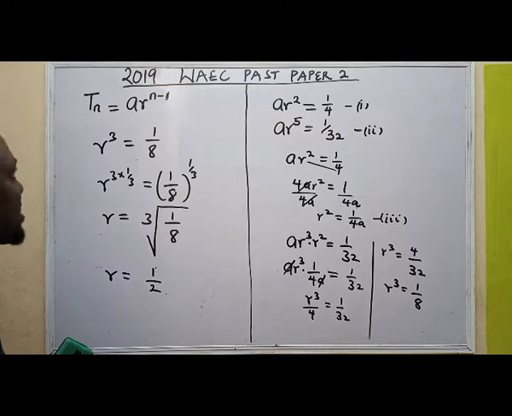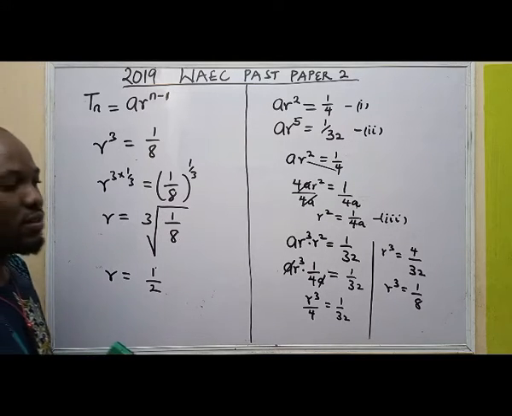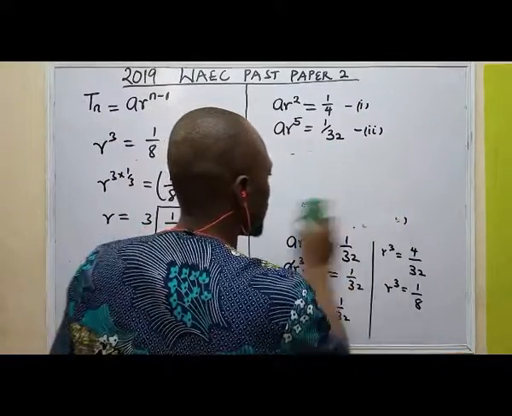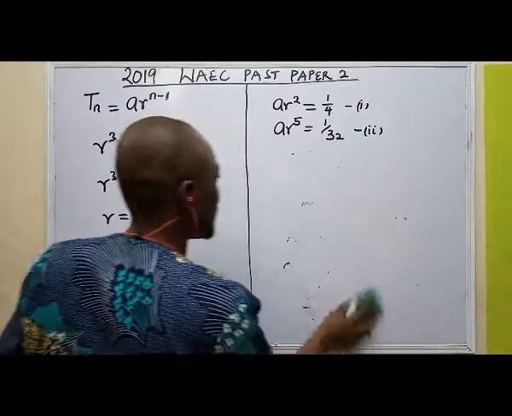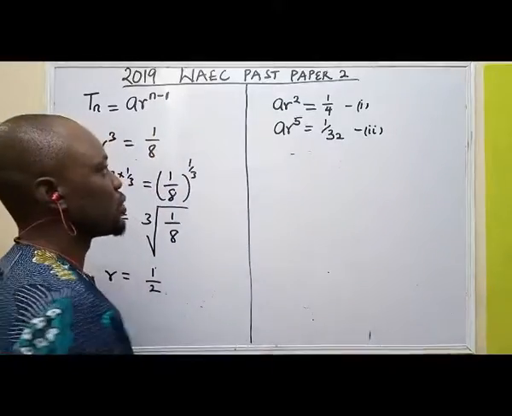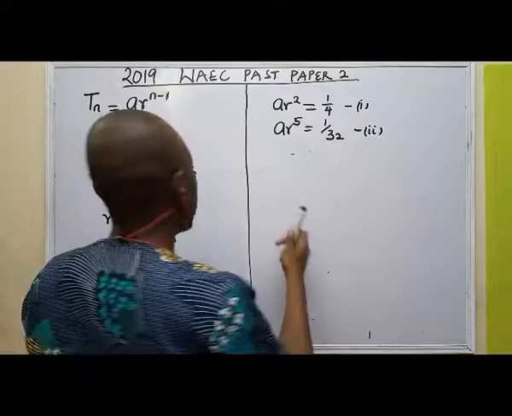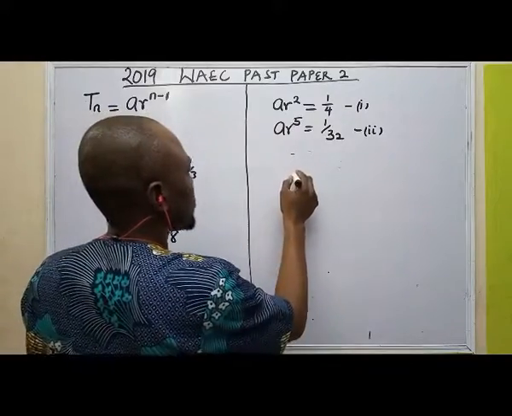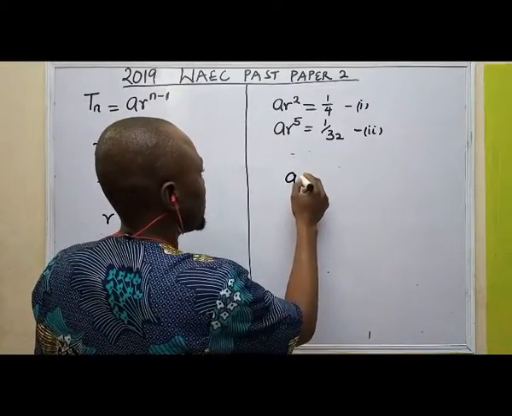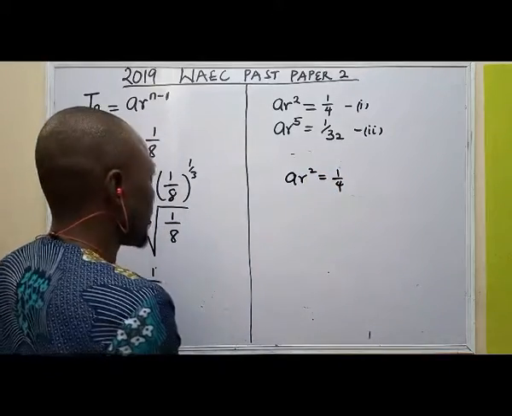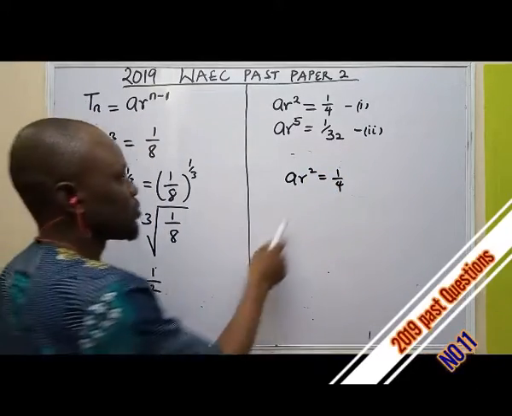So now, the next thing I want to do is find the first term, which is a. I'll go back to my equation. I want to find the value of a, so I can use equation 1: ar squared equals 1 over 4. So r is 1/2, so I'm going to plug in 1/2 here.